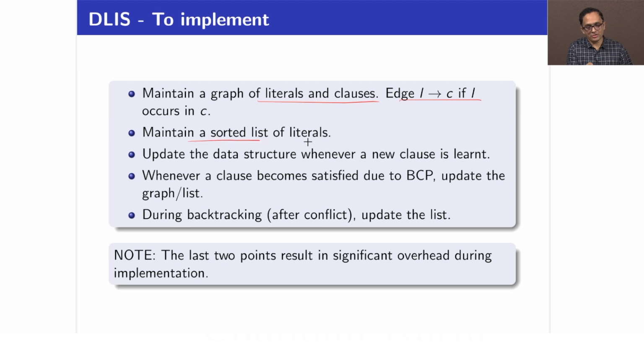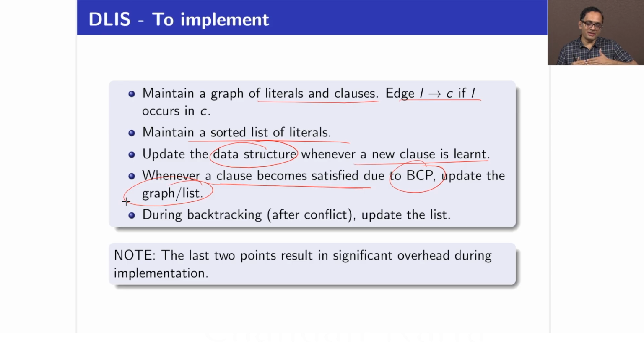It maintains a sorted list of literals based on the count of how many clauses each occurs in, and whenever a new clause is learned, you update this value, because some literal is occurring in the new clause. Similarly, whenever a clause is satisfied by the partial assignment due to BCP, we update that list as well. So, it dynamically updates all occurrences.